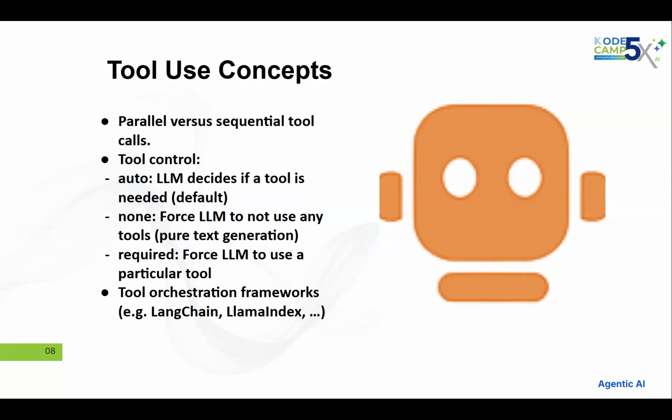One option is auto, where you leave the LLM to decide whether or not to use a tool, and that's the default value. For some LLMs, they allow you to set these parameters. Where you set it as auto, you're saying LLM, based on the context, decide whether or not to use a tool and go ahead.